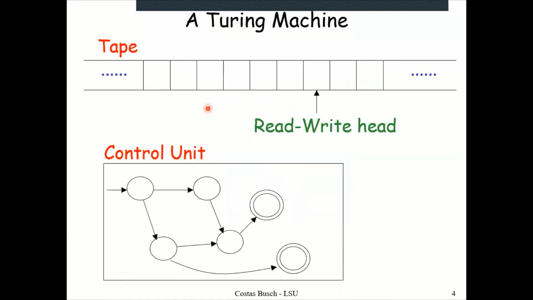When I say that it is infinite on the left as well as on the right, first of all, whenever we start a computation, there would be some string on the tape. At the beginning, when the machine has to start its computation, there is not going to be any blank cell in between the characters of the input string.